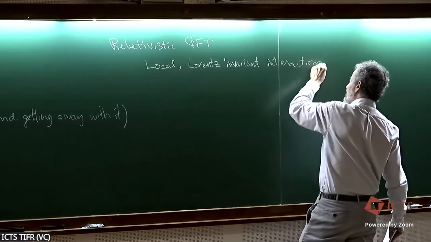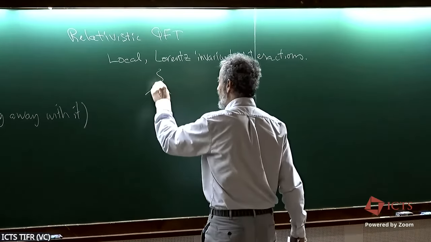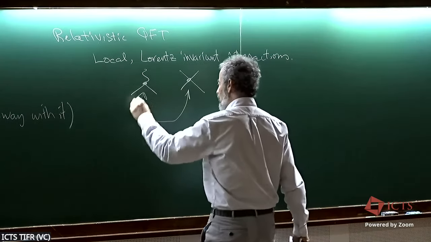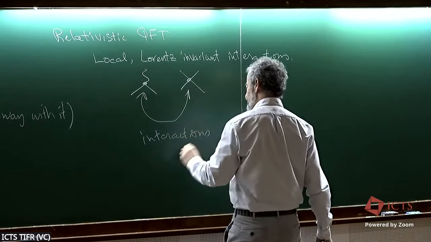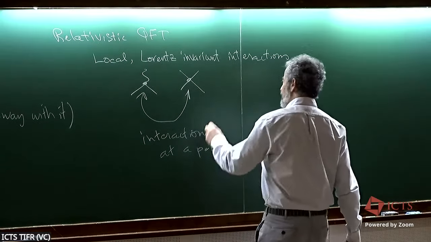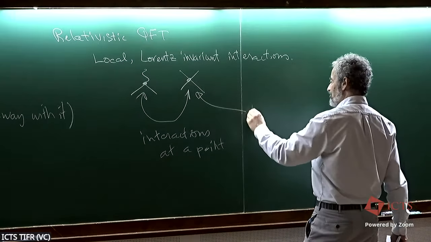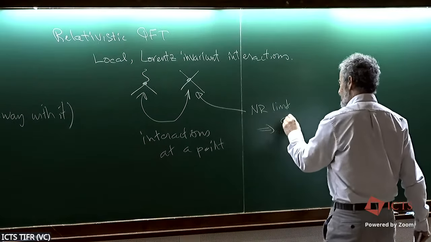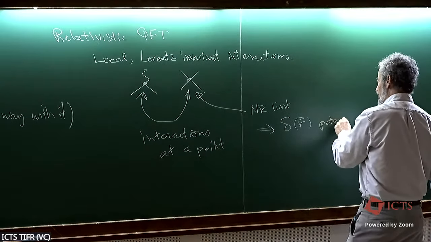And so the way you do it is, if you draw Feynman diagrams, you have pictures of interactions at points. Which, if you took the non-relativistic limit of, say, a fermion interaction, looks like a delta function potential in quantum mechanics.